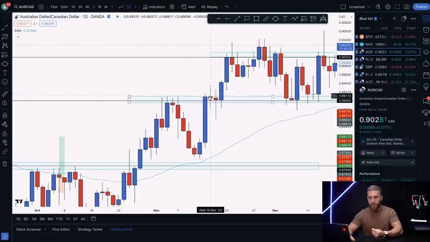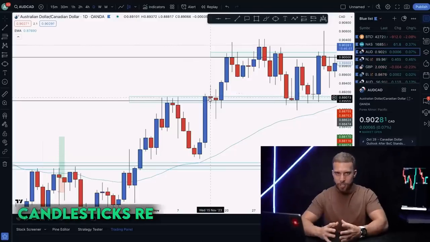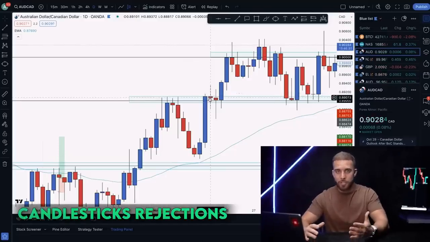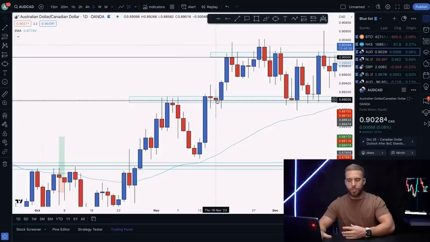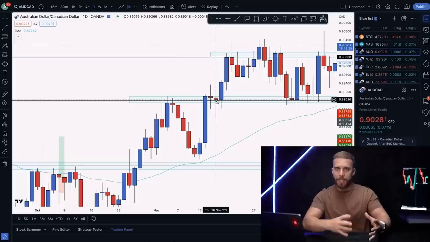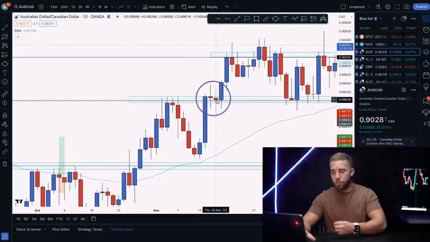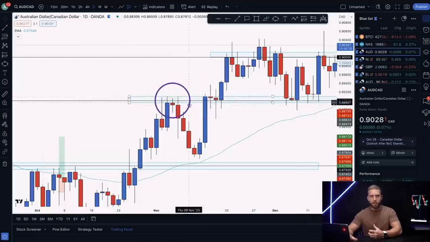After that, then we have our candlestick rejections. These are the wicks that I was mentioning to you guys. The bigger the wick, this means price went all the way down here, couldn't hold up, and then it completely rejected. So now you have a mix of big bullish candlesticks along with 2 rejection wicks from a previous structure point.